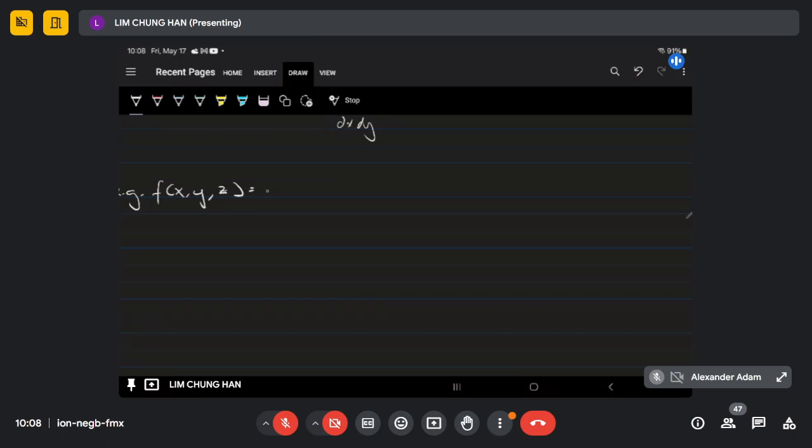So let's say I have this function here consisting of x, y, and z: x squared y cubed minus y squared z cubed.